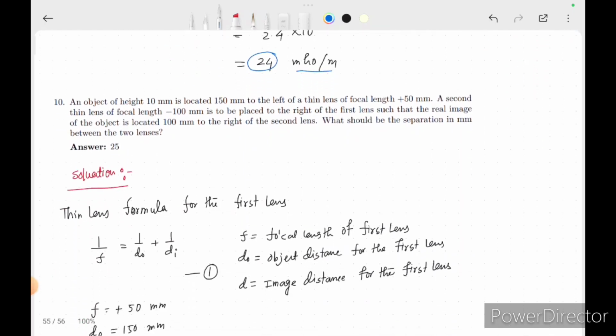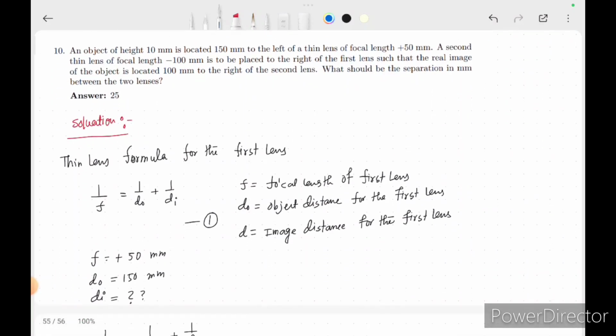It's the last question of JEST 2024. We have covered a total of 50 questions. An object of height 10 millimeter is located 150 millimeter to the left of a thin lens of focal length plus 50 millimeter.